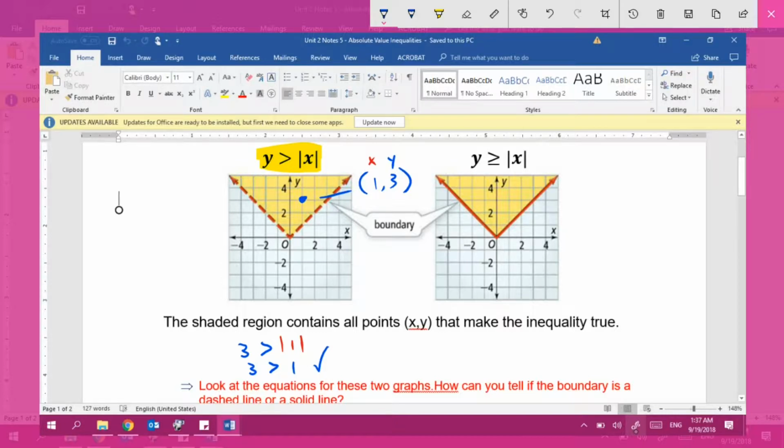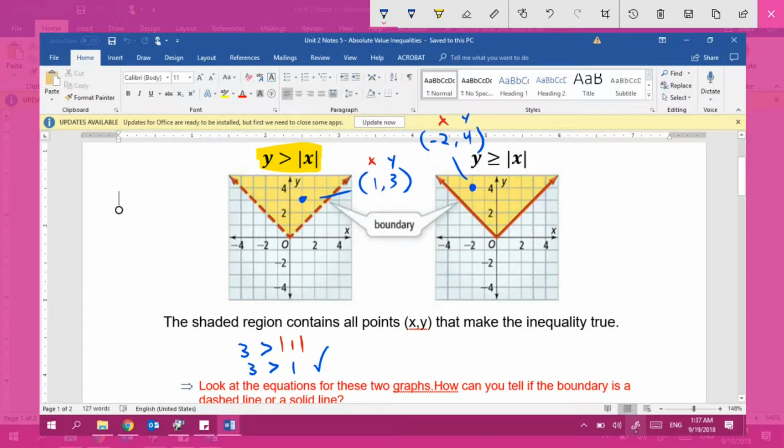And watch, let's do one more to make sure. Let's go with this point right here now. What is this point right here? This point is going to be (-2, 4). What's the x value? It's -2, and the y value is 4. So let's plug it in and see if it's true then.